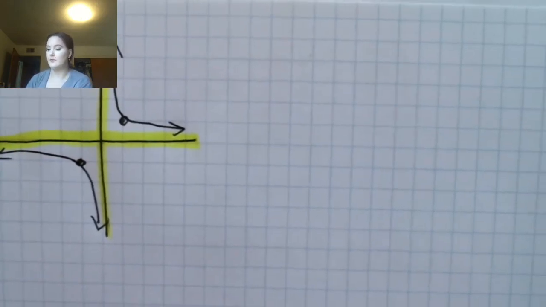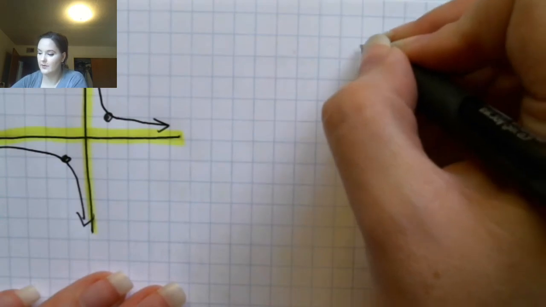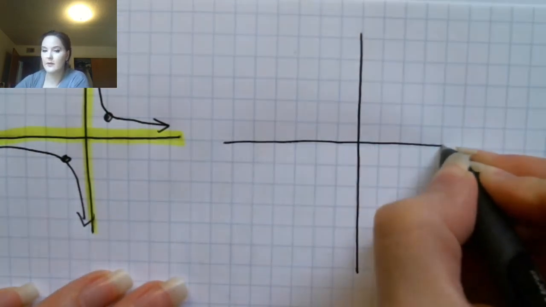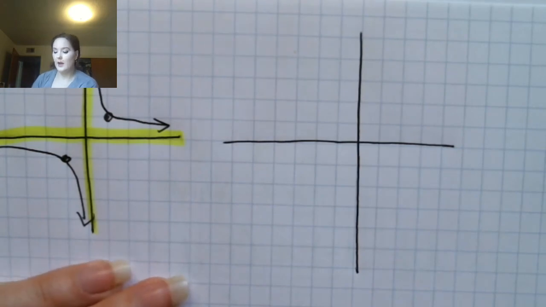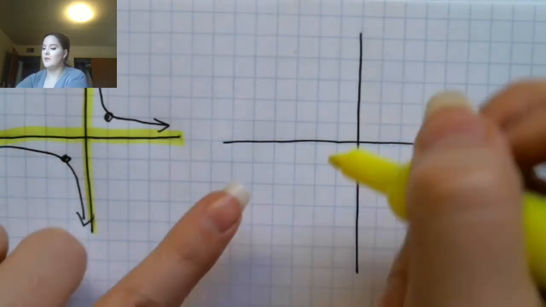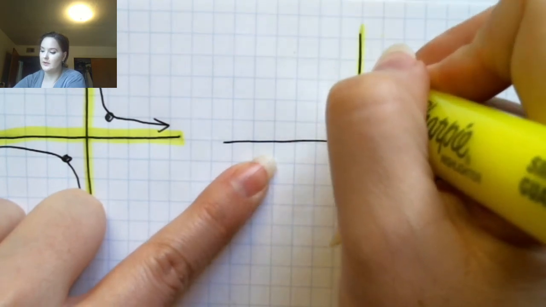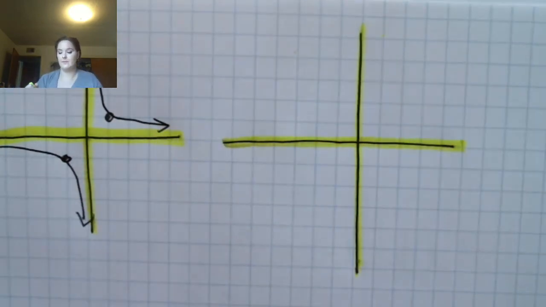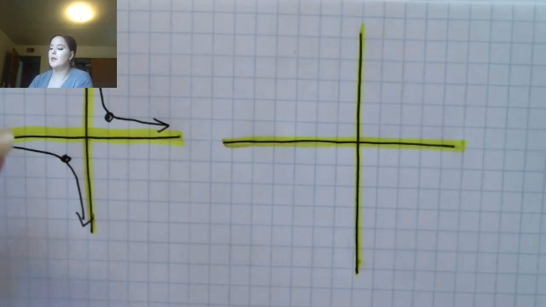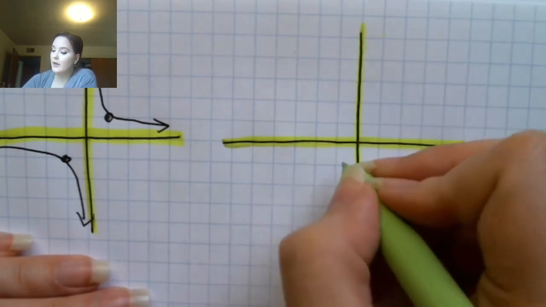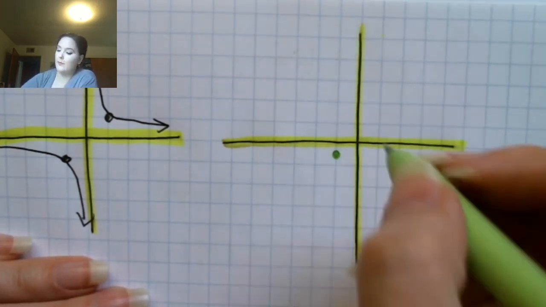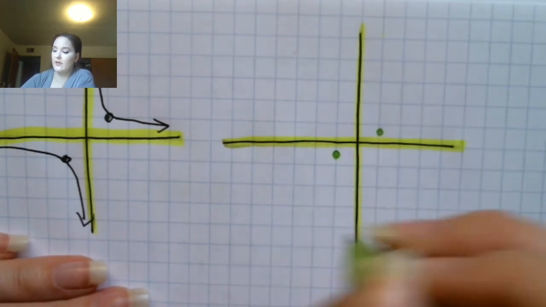So let's look at the transformation. Again, I'm going to draw in my key features, which is the vertical and the horizontal line, and then I'm going to put my key points. So it was -1, -1/2, and then it was 1, 1/2.